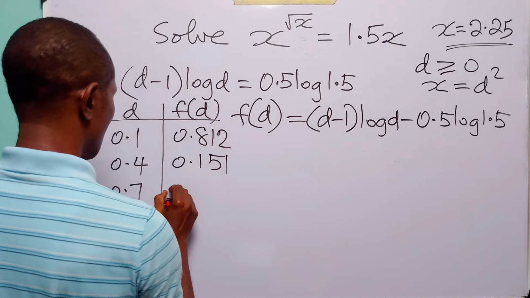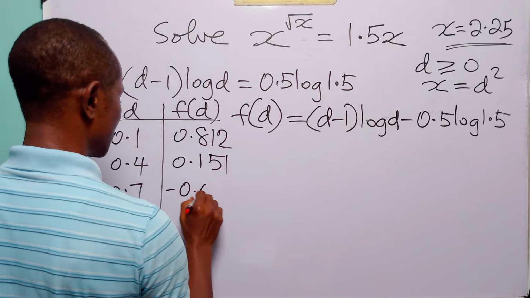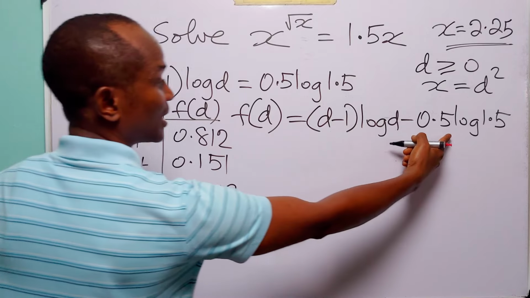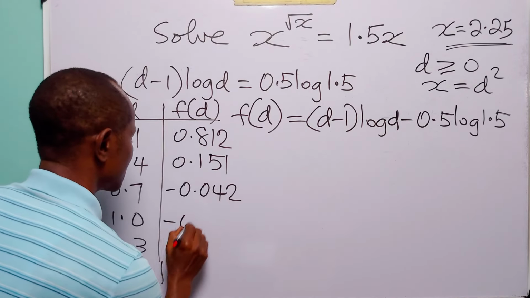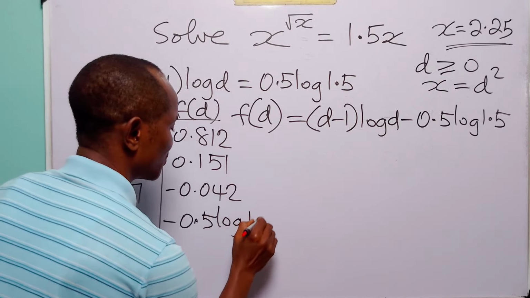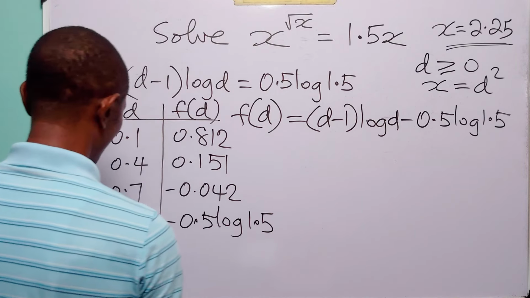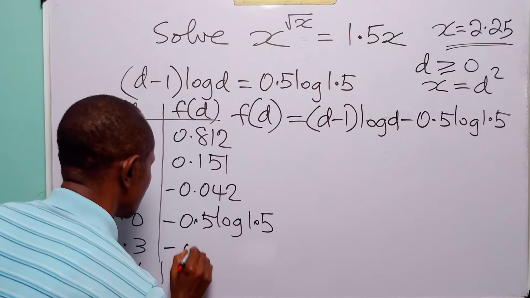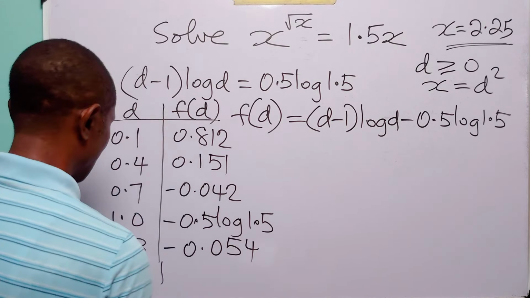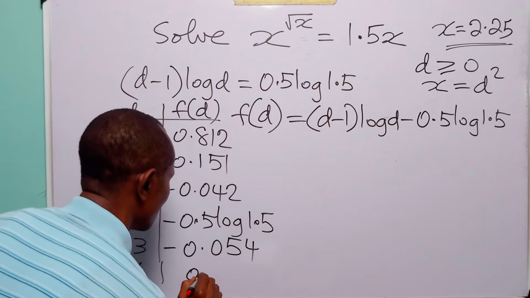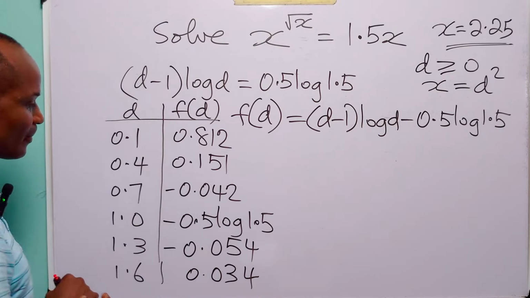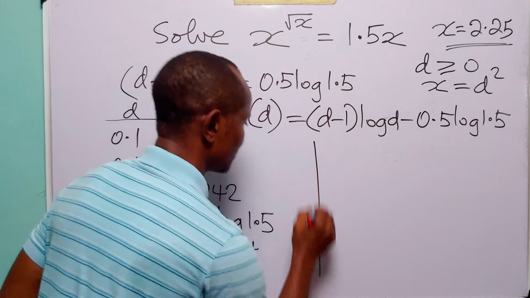For this, we have minus 0.042. For this, we have minus 0.054. And lastly, here we have 0.034.